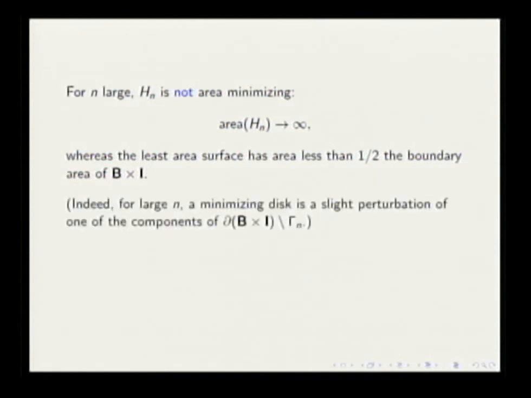So we get this area bound that the least area disk has less area than this surface. And in fact, it's not hard to show that when n is very large, the area minimizing disk is a slight perturbation of this. It just looks like this, but it bends in a little bit. So it's a slightly curved version of this guy.